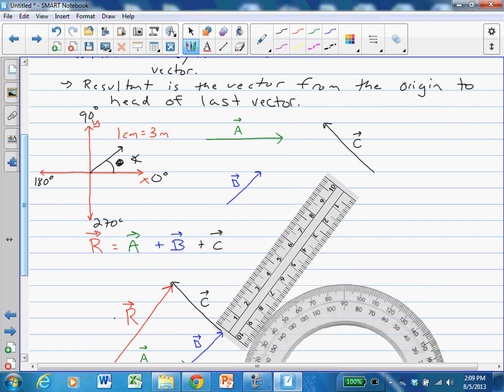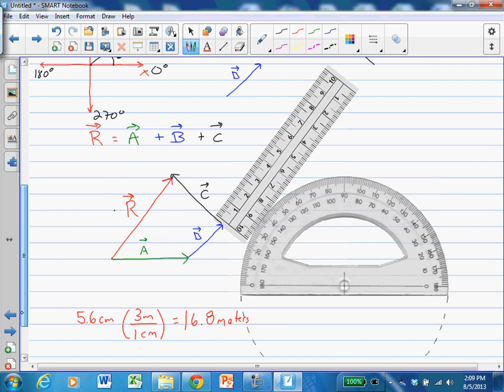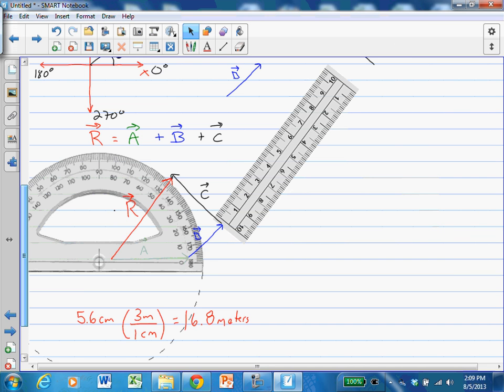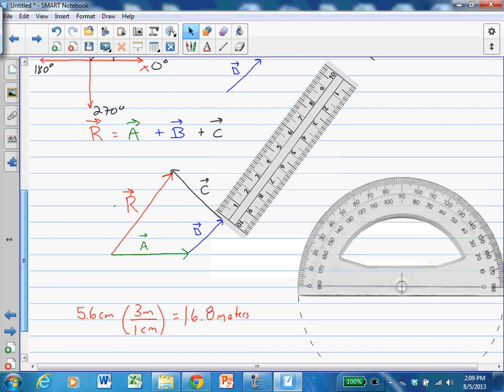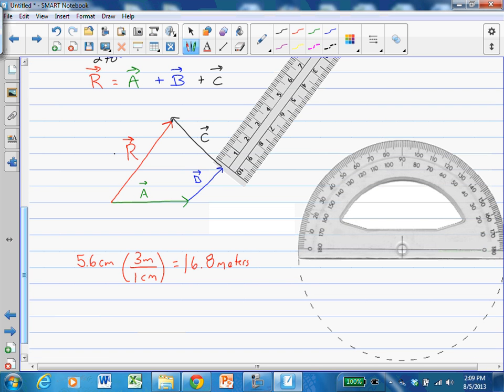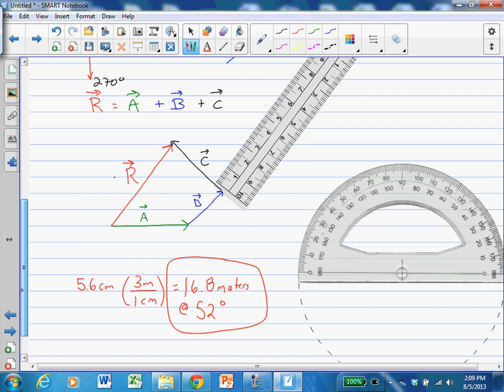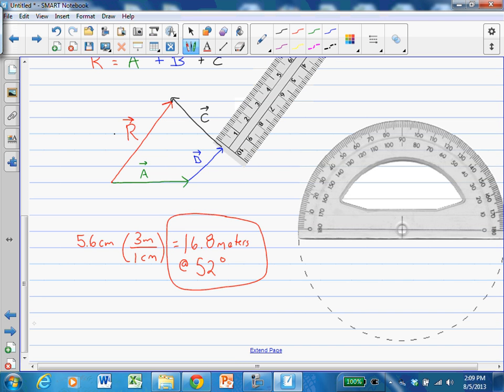So I can see mine is, if I start there, put that on the origin, 10, 20, 30, 40, 52 degrees. So at 52 degrees. That's my answer for my resultant sum of these vectors using a ruler and a protractor, and that's called graphical vector addition. Okay.